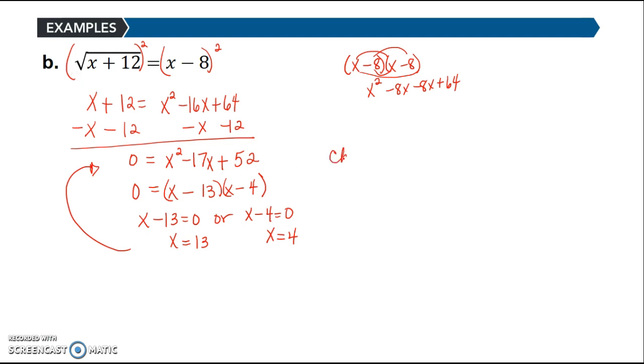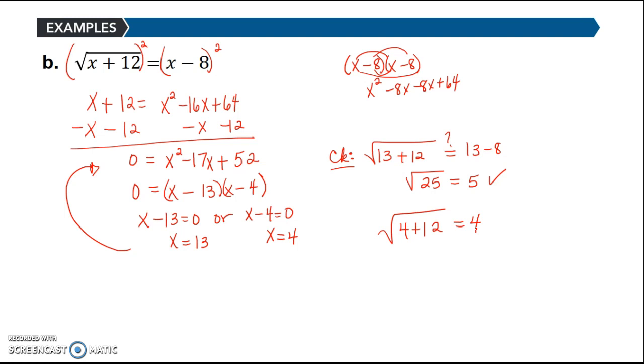So when I plug in the 13, I'm asking myself, is 13 plus 12 inside the square root the same thing as 13 minus 8? That's the square root of 25 on the left. Does that equal 5? Yes. If I plug in 4, I get the square root of 4 plus 12. Is that equal to 4 minus 8?